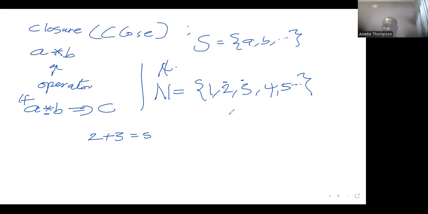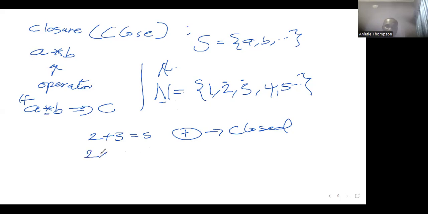So we can conclude that addition is an operator in the set N. More specifically, we can say that addition is closed under the set N.